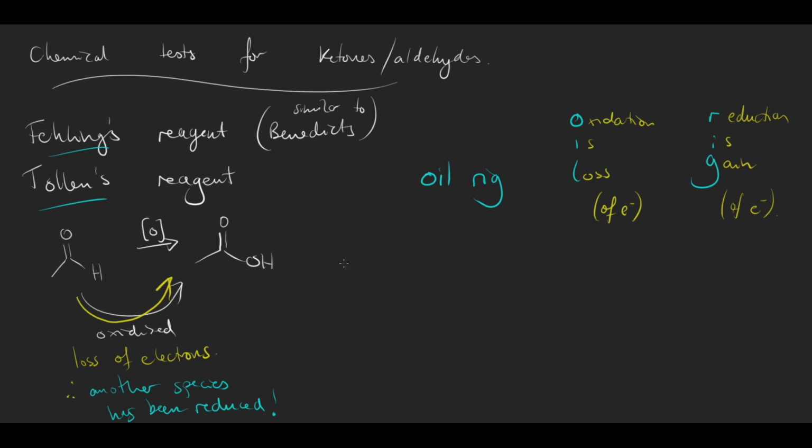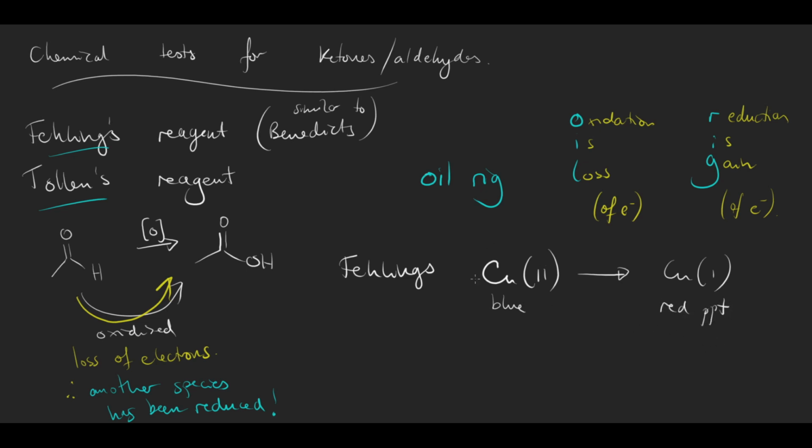So in the case of Fehling's, let's treat that one first. Fehling's reagent is a copper 2. And if you remember some of your colour chemistry, this is a nice blue solution. And if I reduce copper 2, it goes to copper 1, and that is a red precipitate.